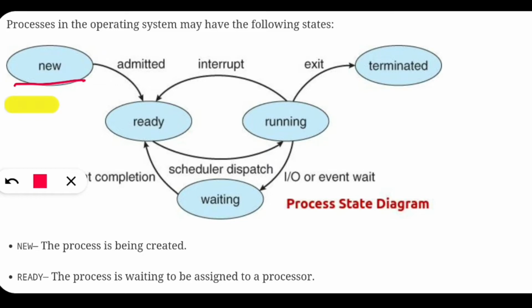When it comes to the ready state, if the processor is ready for execution, it will move the process from ready to running state. After the running state, suppose the execution is complete, then it would automatically move to the termination state. And suppose another process comes for execution and the system says that process has higher priority than the present process, then the current process will be interrupted and the higher priority process will execute.